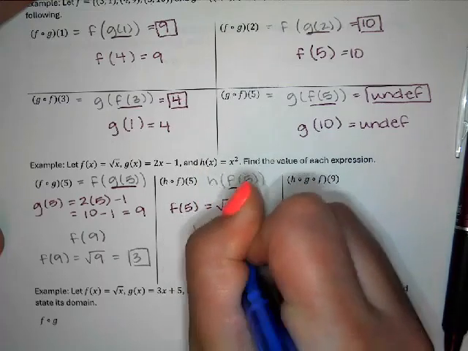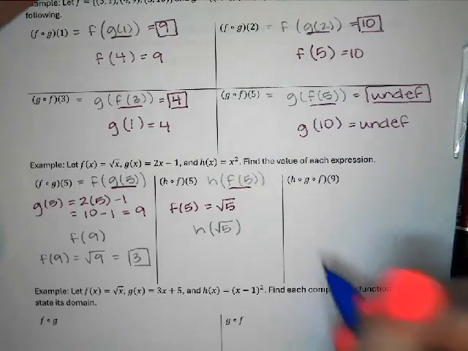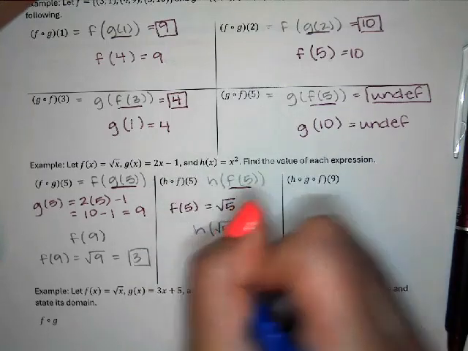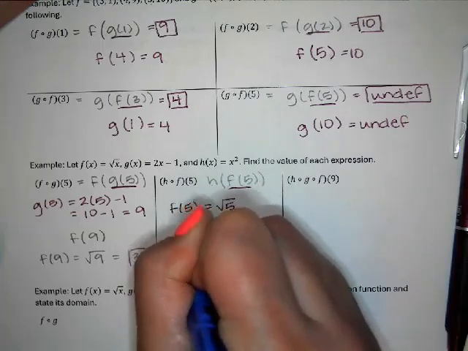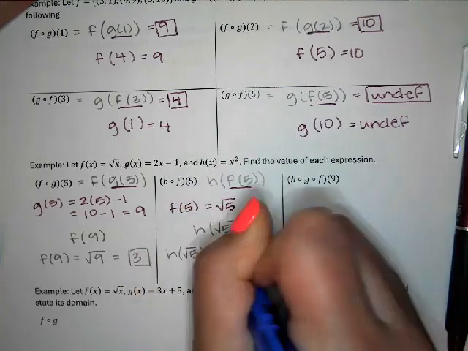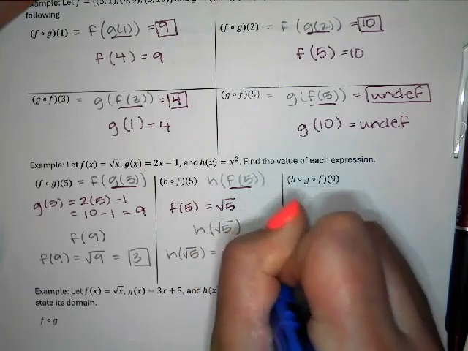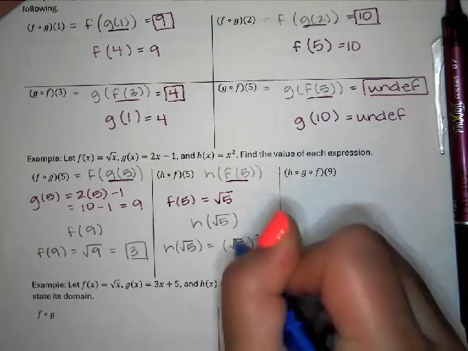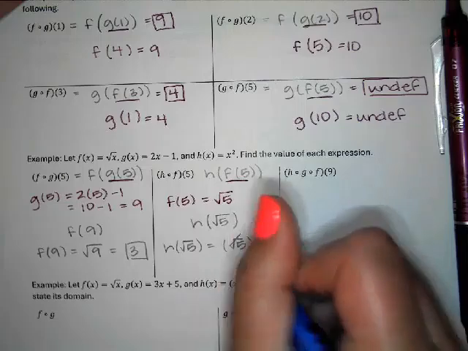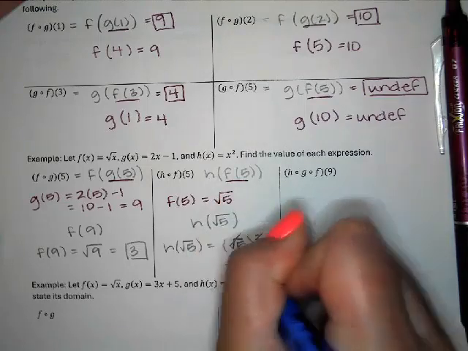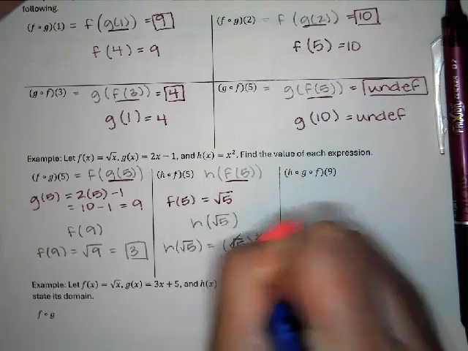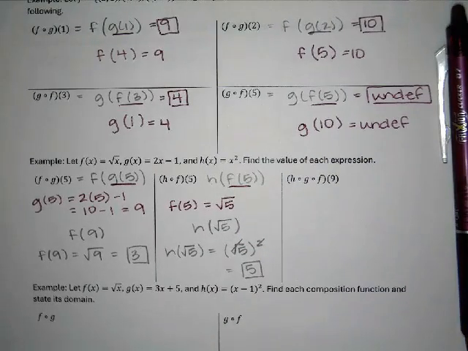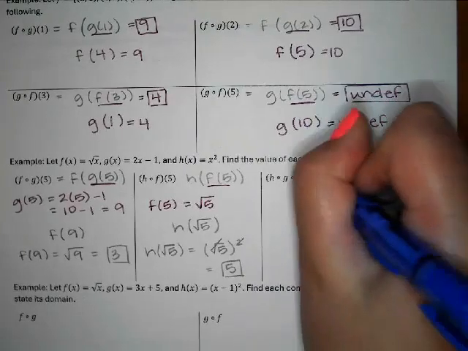So h of the square root of 5 is the square root of 5 squared. And here we have a square root and a squared, and those cancel out, and we get that that equals just 5. Or you could think of it as square root 5 times square root 5 is square root 25, which is 5.